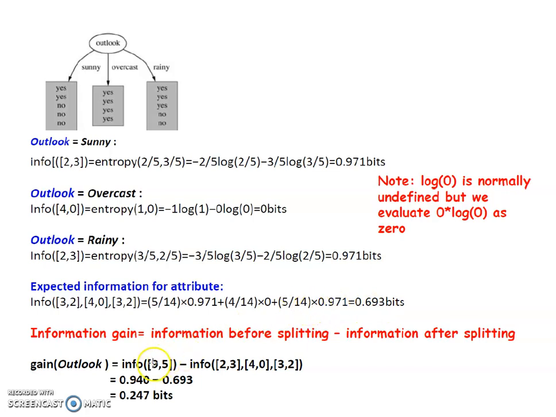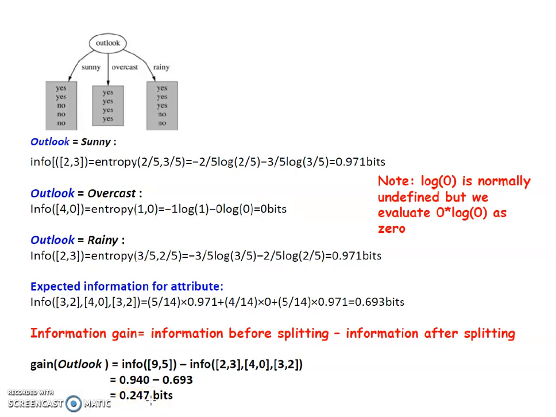Similarly we calculate it for the entire tree. 9 comma 5, where 9 is the positive instances and 5 is the negative instances. So we have the information for the entire tree before splitting as 0.94, and after splitting based on the Outlook attribute we have 0.693. The difference between the information before and after splitting gives the information gain of the attribute Outlook, which is 0.247 bits.